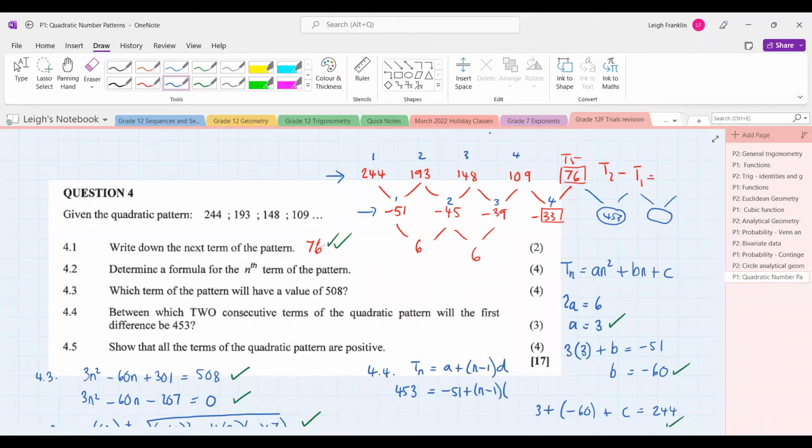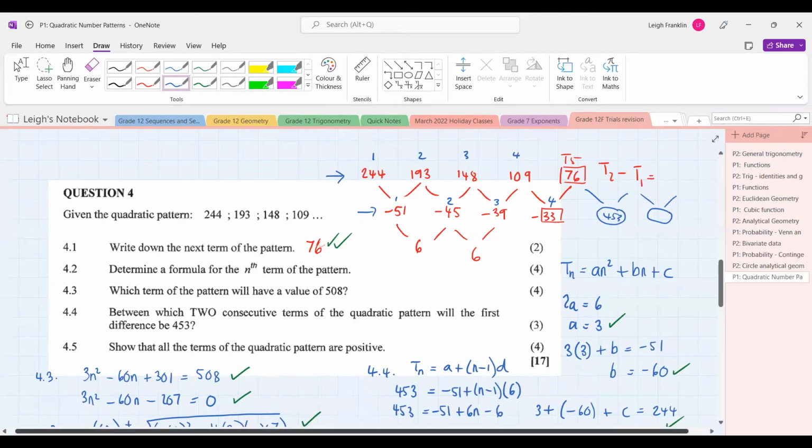What's d in this case? There we go. Good, well done. So our difference is 6. Okay, so that gives us 453 equals negative 51 plus 6n minus 6.